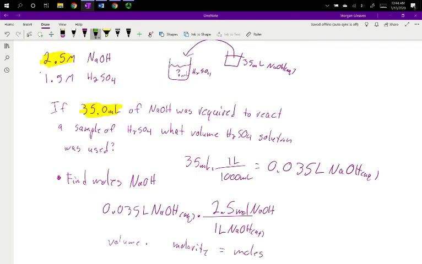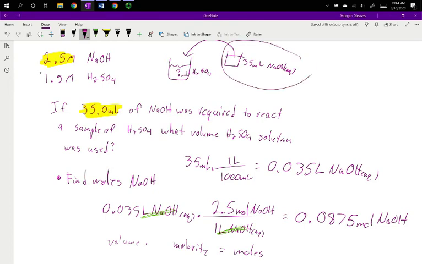Because what will happen is our volumes will cancel out, we'll be left in moles. And so 0.035 times 2.5, we're going to find is 0.0875 mole of NaOH.